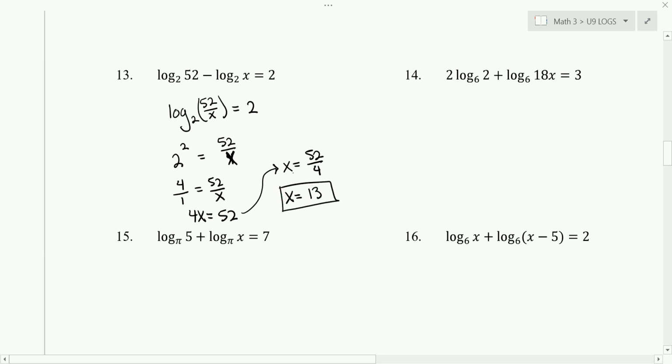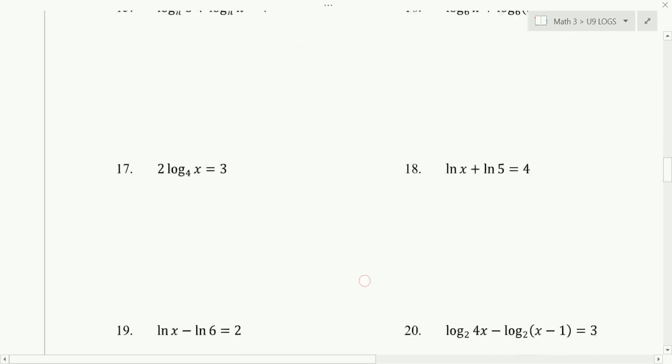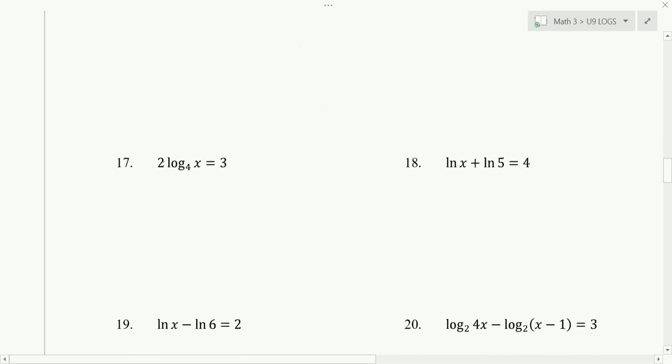Number 17, we're going to use the power property. And then we're going to change it out of log form into exponential form. So 4 to the power of 3 is equal to x squared. 4 to the power of 3 is 64.